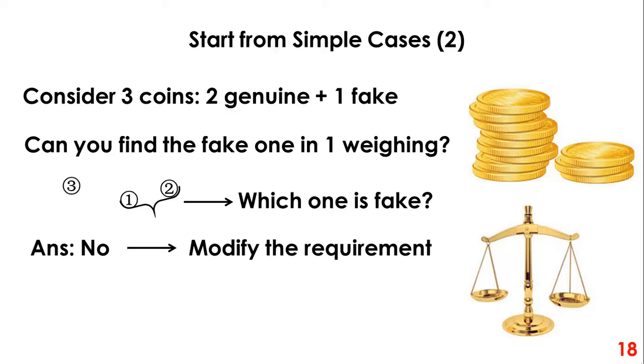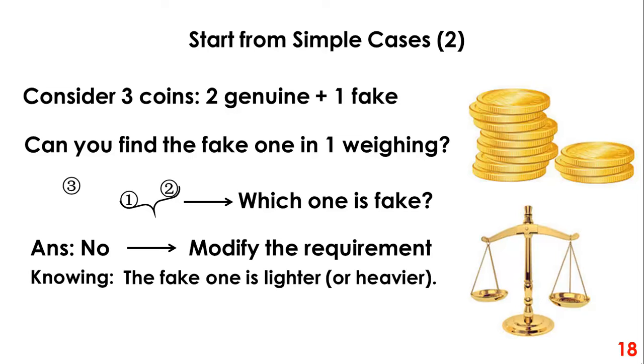But let's modify the requirement and add a little bit of extra information. What information do you want to add? If we know whether the fake one is lighter or heavier, that information is valuable.